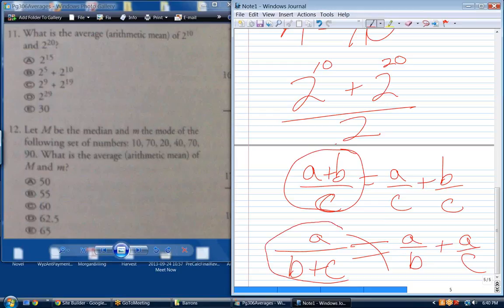I cannot split this up into two fractions because I have a binomial term in the denominator. Okay?